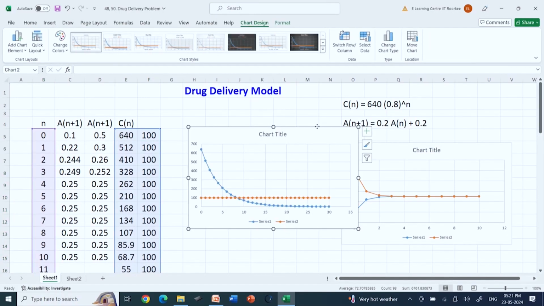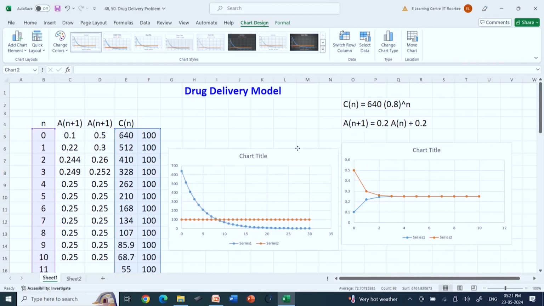What you see here is the drug curve, and it goes to 0, and this is the line of 100 mg per L. So, this is the point of intersection, and that value is approximately 9 time units, in this case hours. So, approximately in 9 hours the concentration of the drug will reach 100 mg per L.